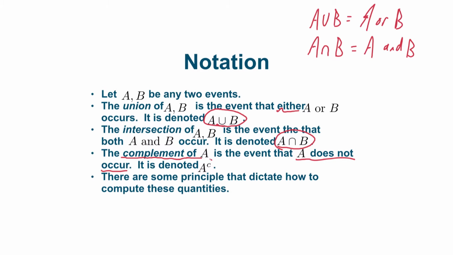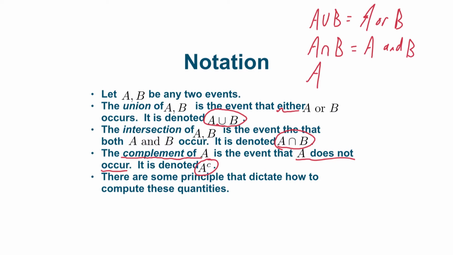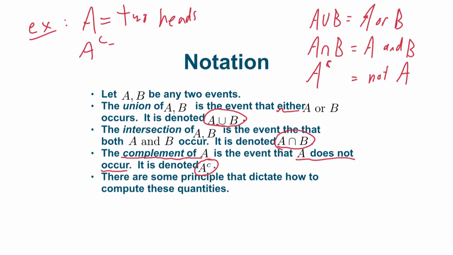It's denoted with A with a little superscript C. So A^C equals not A. So for example, if A is the event 2 heads, A complement is the event not 2 heads.